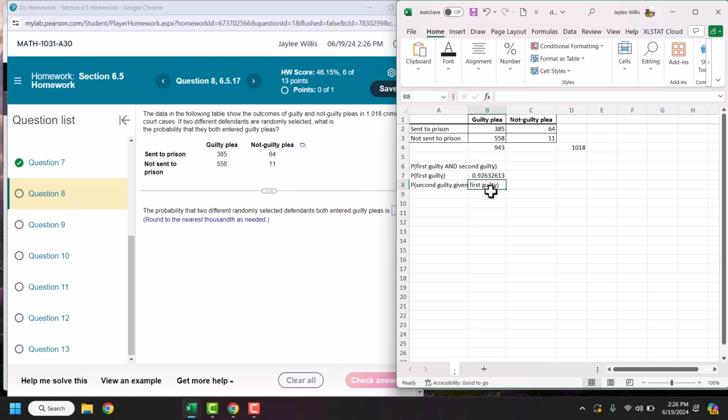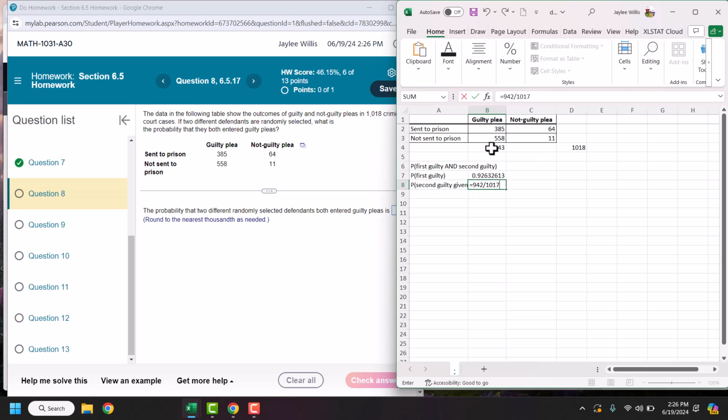Now, this one's kind of interesting because we are choosing two different defendants. So if we assume that we randomly select someone who was guilty, then the probability for the second person is going to be 942 divided by 1017.